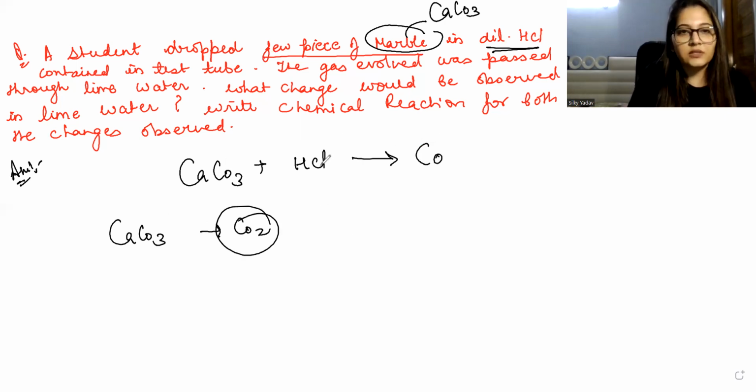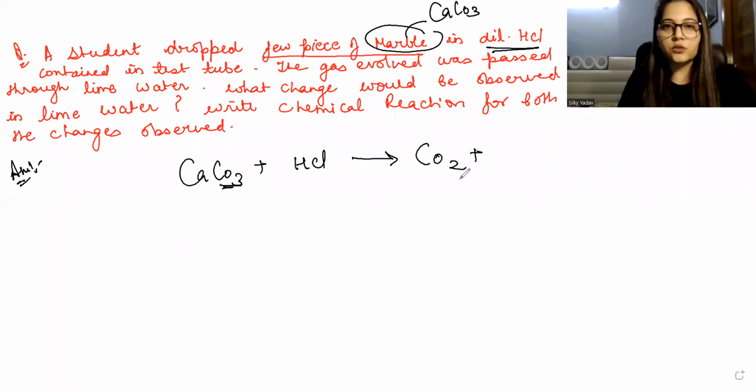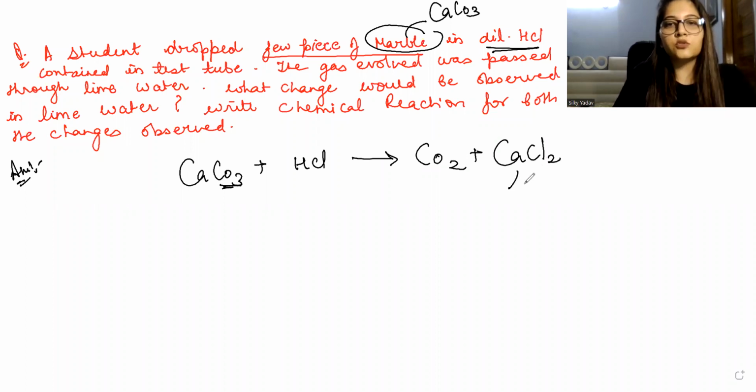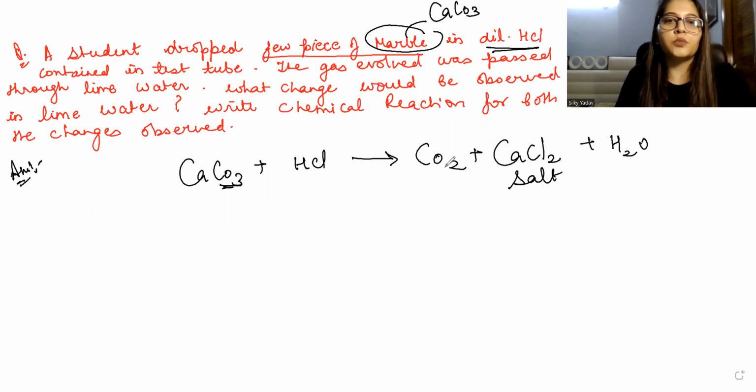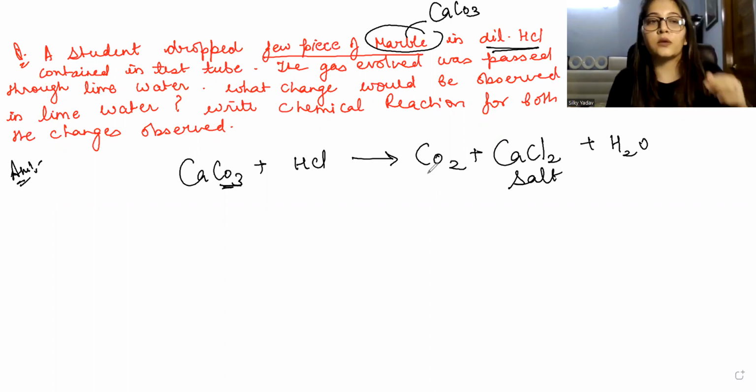I hope that's clear to you, how I know that CO2 will be evolved. Now, the next part: Ca is left, which means a salt is produced, right? And of course, water will also be produced. You can balance this equation, but this is the exact equation you're going to get.